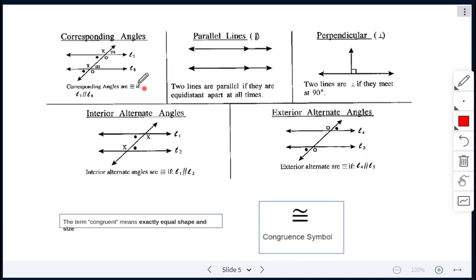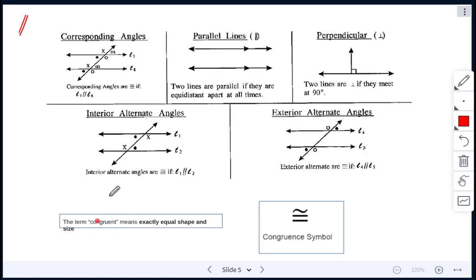Corresponding angles are congruent if line 7 and line 8 are parallel. You'll see a symbol that looks like that, which means parallel. And when you see the equal sign with the little squiggle on top, that is the symbol for congruence. Again, congruent means the exact same shape and size.